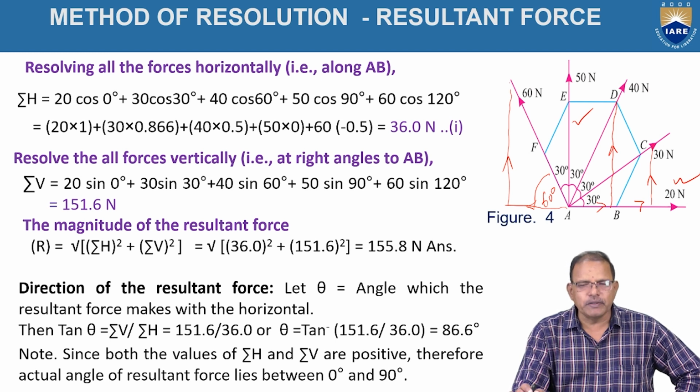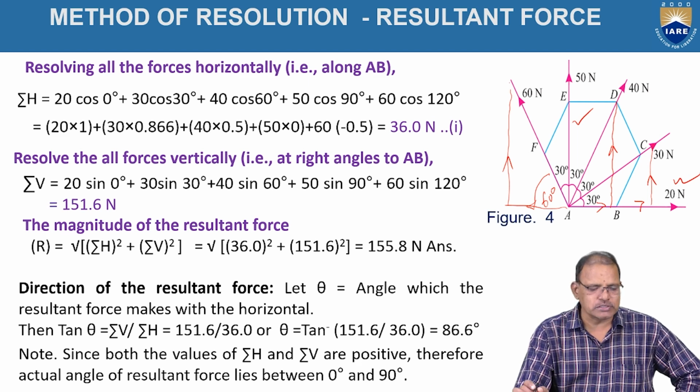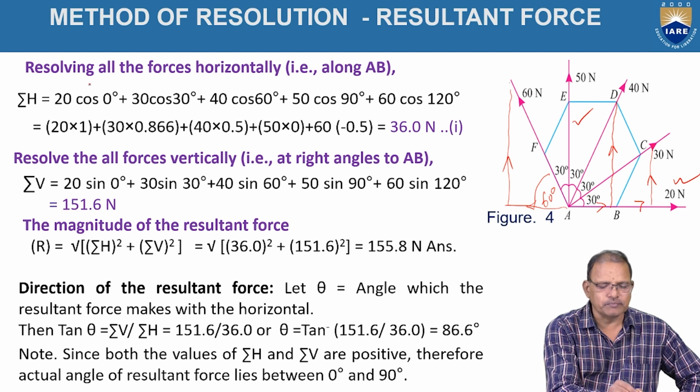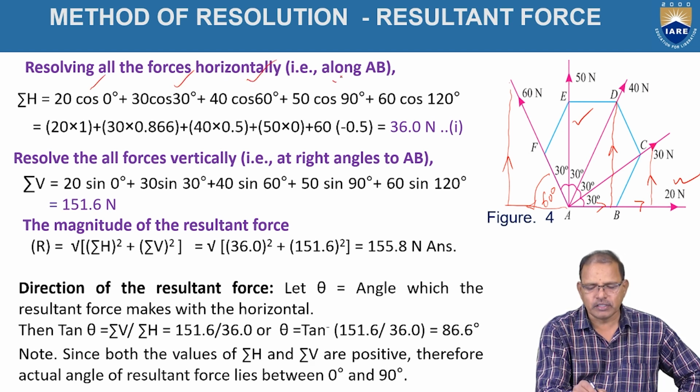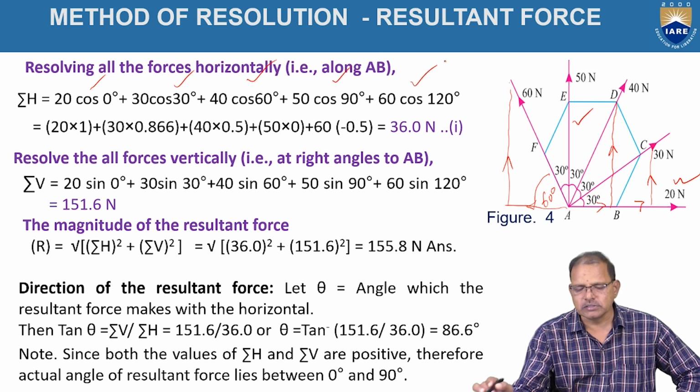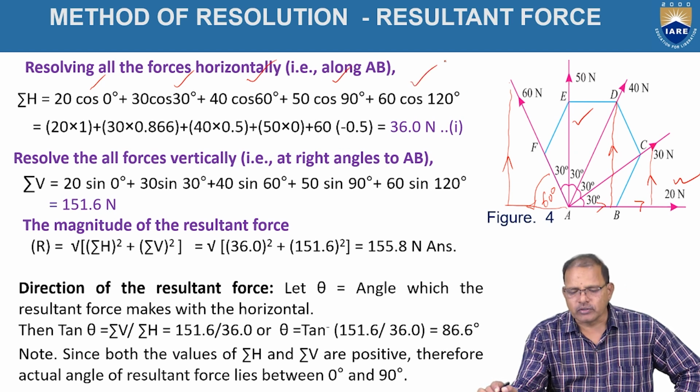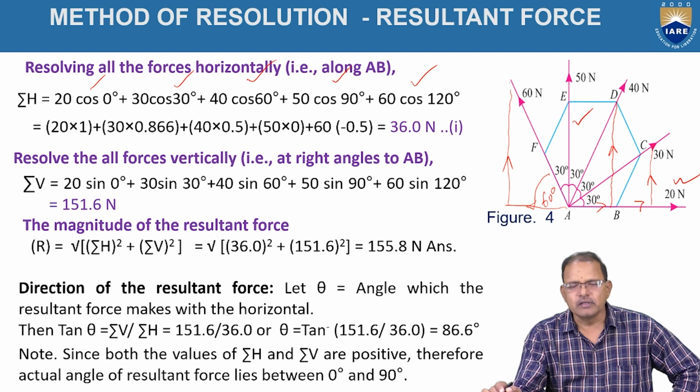Now, taking the algebraic sum of horizontal forces acting at A, that is, the system of forces is equal to 20 cos 0, 30 cos 30, 40 cos 60, 50 cos 90, and the last one is 60 cos 120 degrees now. That is passing through the second quadrant.